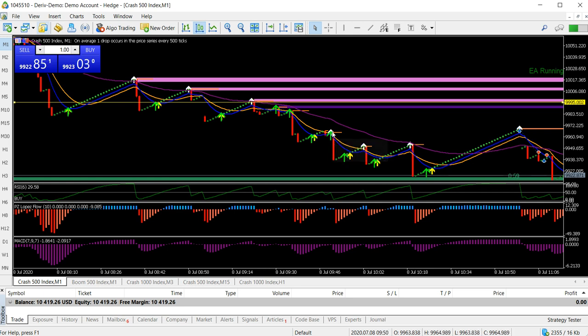Let's look here. The white arrow appeared and then there was a crash. When it crashed, some buys began and then a yellow arrow appeared. The yellow arrow appears to confirm that particular buy. So enter one candle on this yellow arrow.